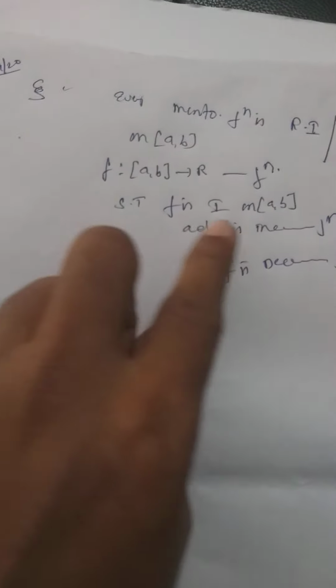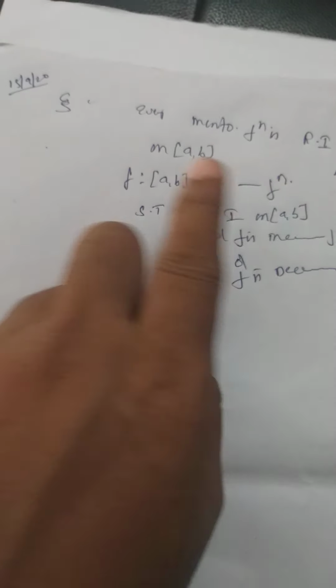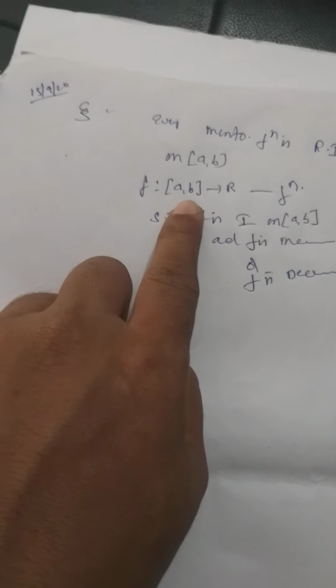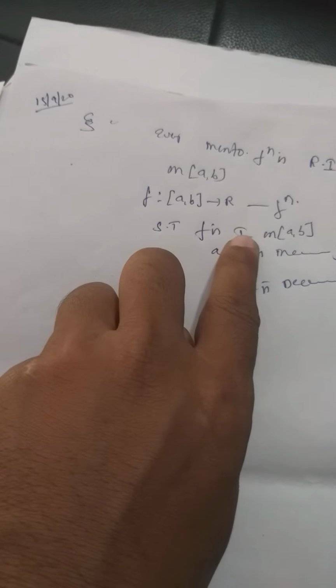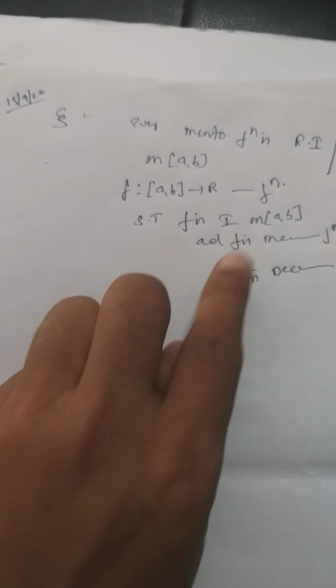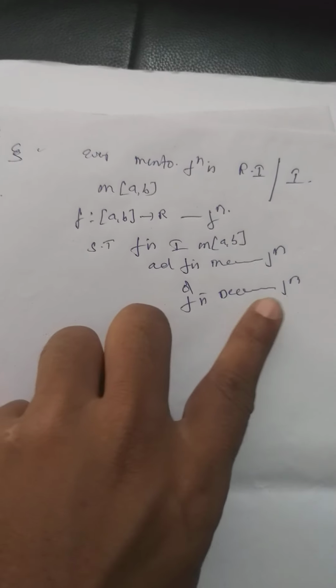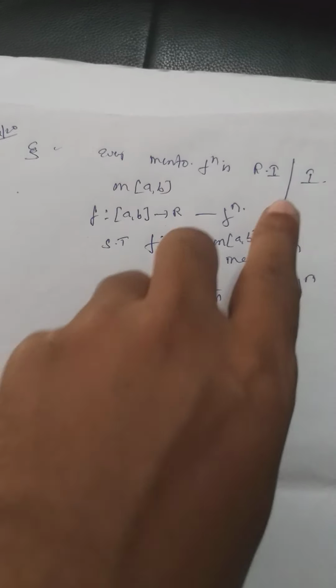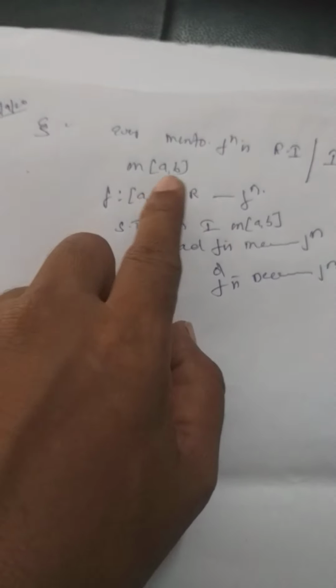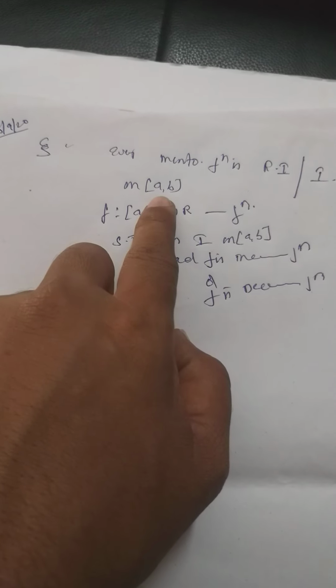Sometimes they will ask: show that an increasing function on a closed interval [a, b] is integrable. Another way is: show that a decreasing function is integrable on closed interval [a, b].